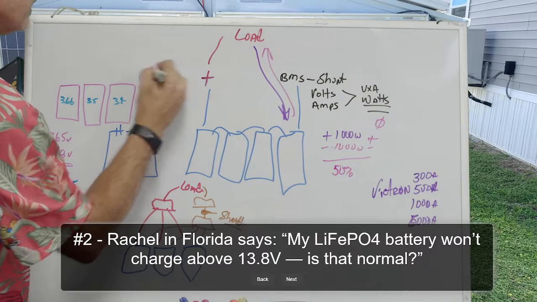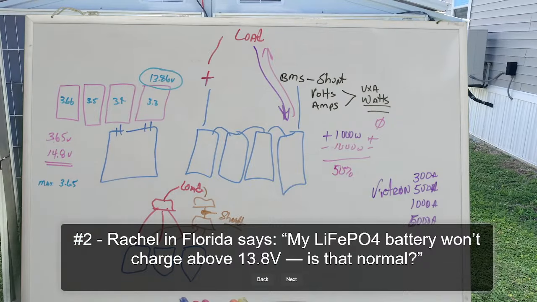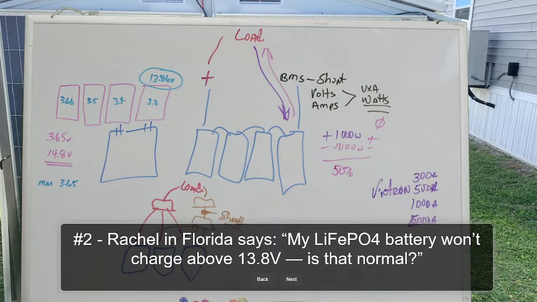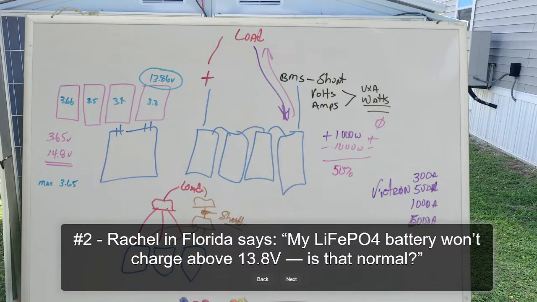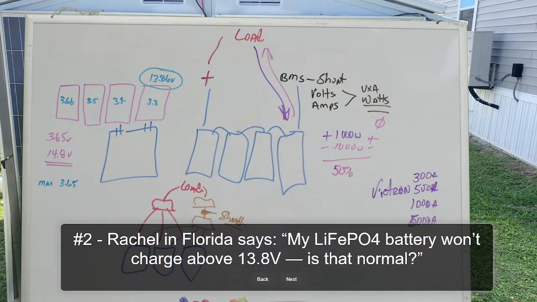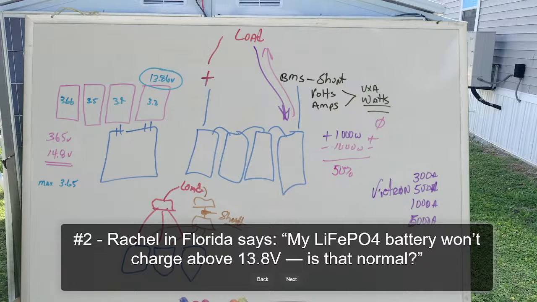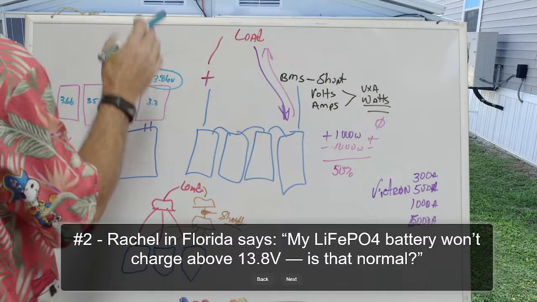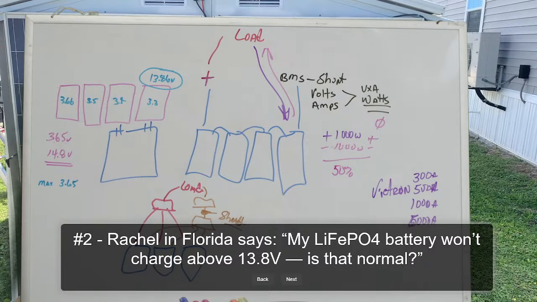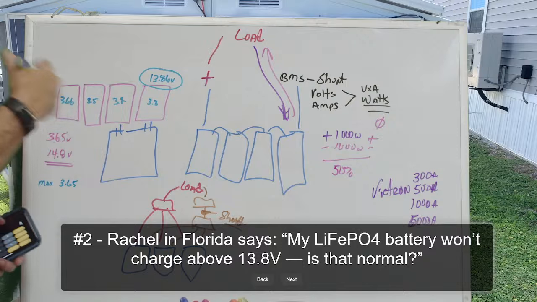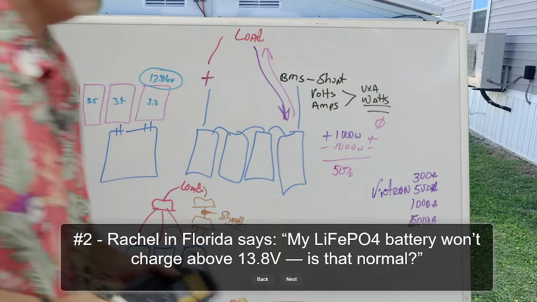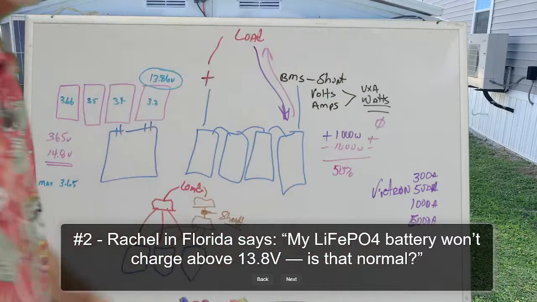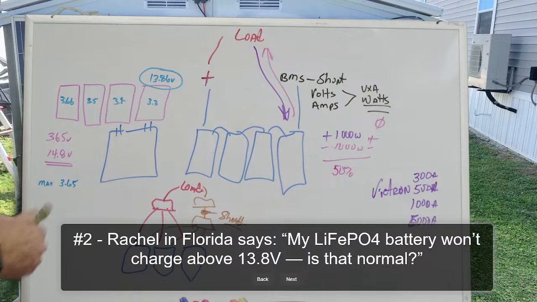And that would mean that your battery would stop charging, in this case, at 13.86 volts, and your inverter and everything would just stop putting power into it. It wouldn't allow power to go back into your battery anymore until such time as your BMS was able to balance the battery, or you were able to get the battery balanced.